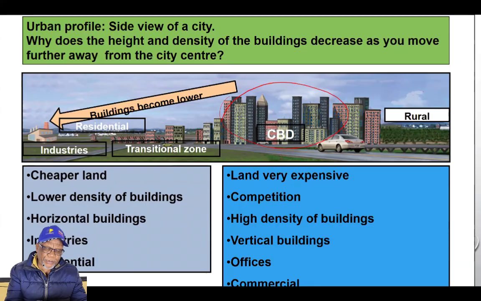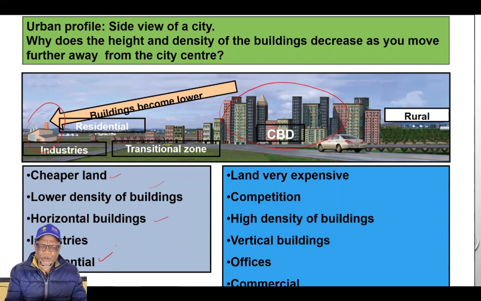So the land is cheaper, and there is lower building density, which means there are fewer buildings there. The buildings are more horizontal, and most of them will be industries because the land is cheaper. And then you will also have residential areas.